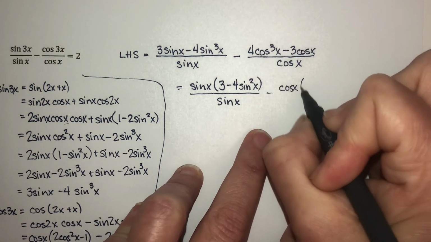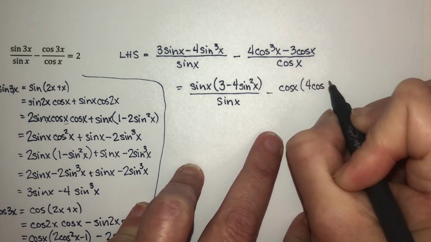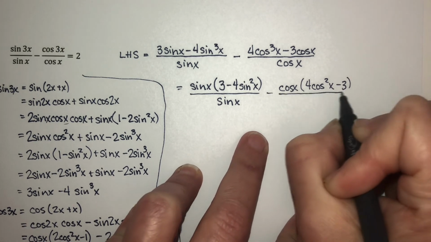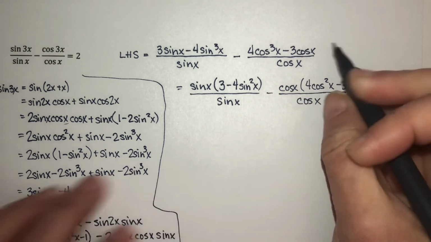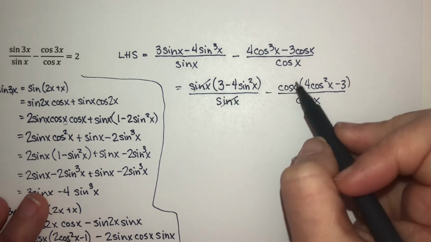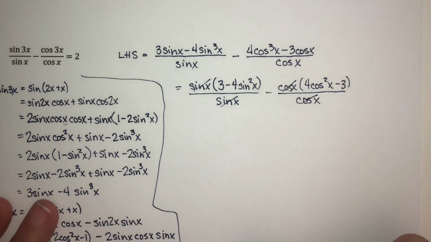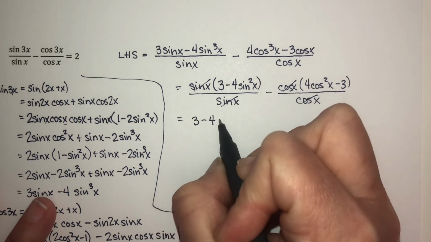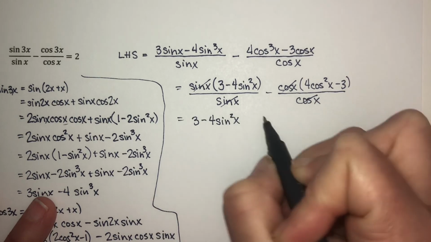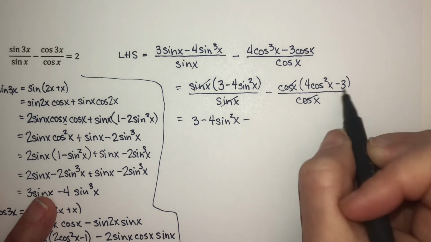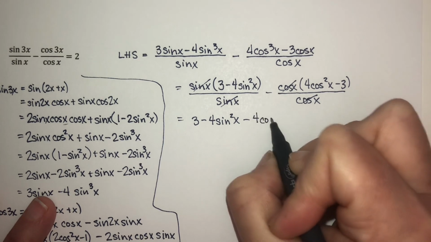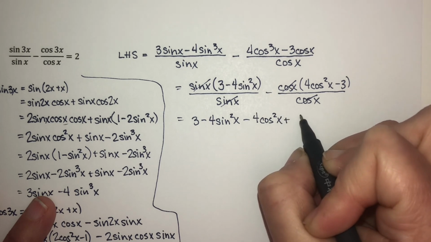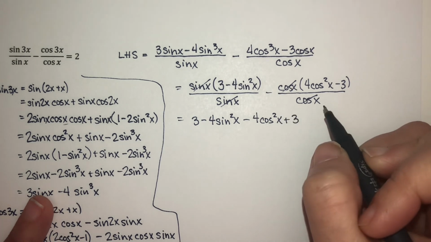Cosine x, 4 cosine squared of x minus 3 over cosine of x. Cancel, cancel. So I have 3 minus 4 sine squared of x minus, I need to distribute the negative through here, 4 cosine squared x plus 3.